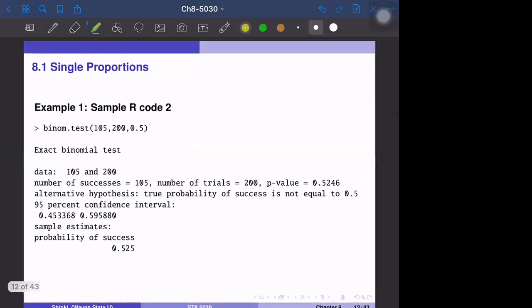And another way to test the sample proportion in R is using the binomial test function. This doesn't use any approximation.